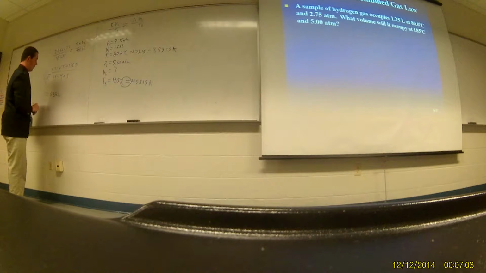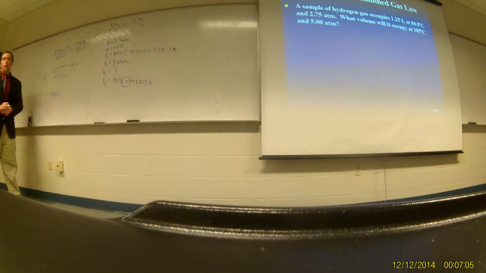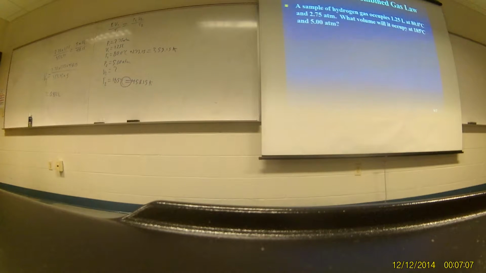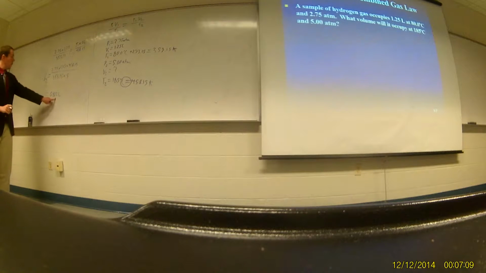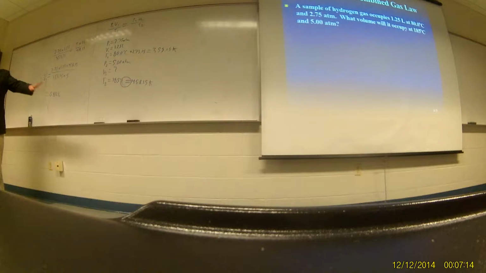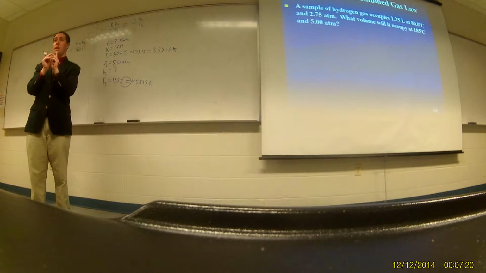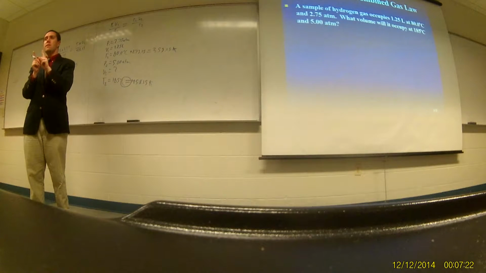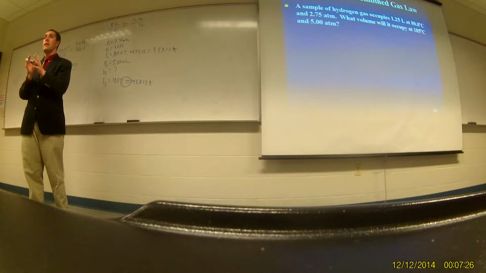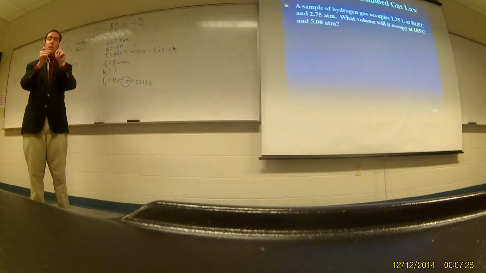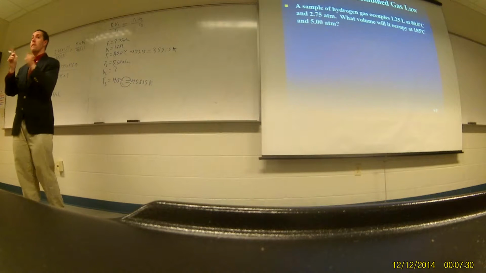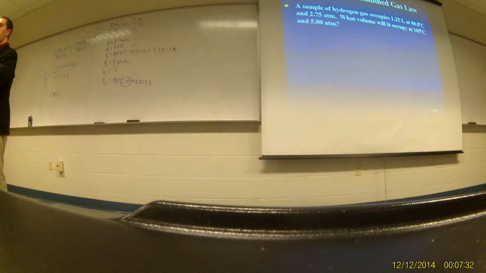0.892 liters. Okay. So, first of all, what direction did our volume go? It went down. So let's see if that makes sense. In this case, because there are two variables that changed, in some cases you're not going to be able to figure out which way it went. It depends on whether they went in opposite directions and had opposite effects on the volume, or if they both had the same effect.